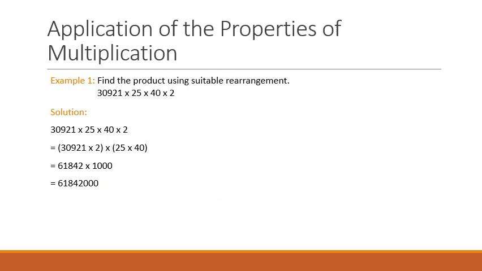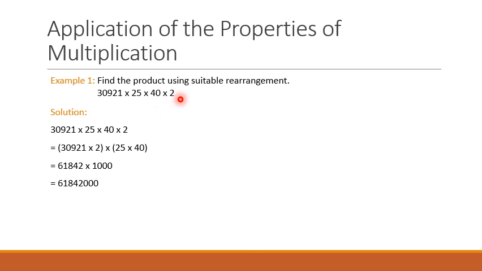Now let's see the application of the properties of multiplication. In the first example, we have to find the product using suitable rearrangement. So we have to find the product of 30,921 multiplied by 25 multiplied by 40 multiplied by 2.